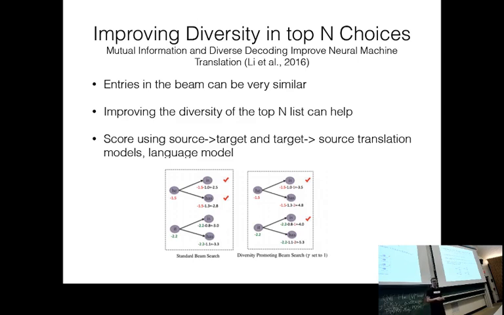So they add a term to the beam search, which is simply a parameter, lambda or something, times k, where you're the k-best child of any particular beam. So they combined that with mutual information re-ranking to try to improve diversity in the beam, where they wanted to have high information between the source sentence and the target sentence, while still forcing the beam search to consider more than just the top k best choices of their most likely translation. And they found this improved their accuracy because it improved diversity in the beam.